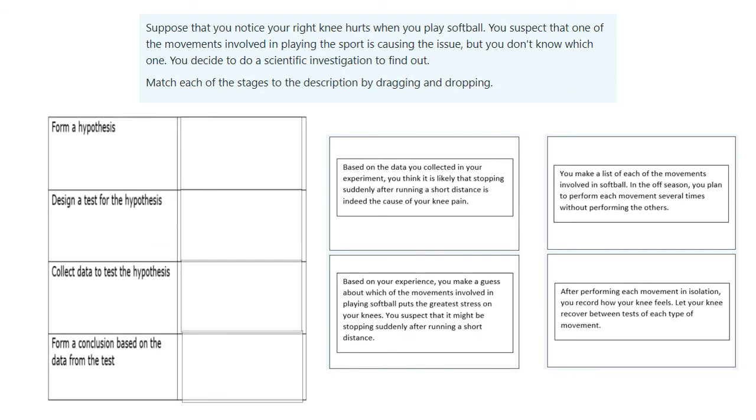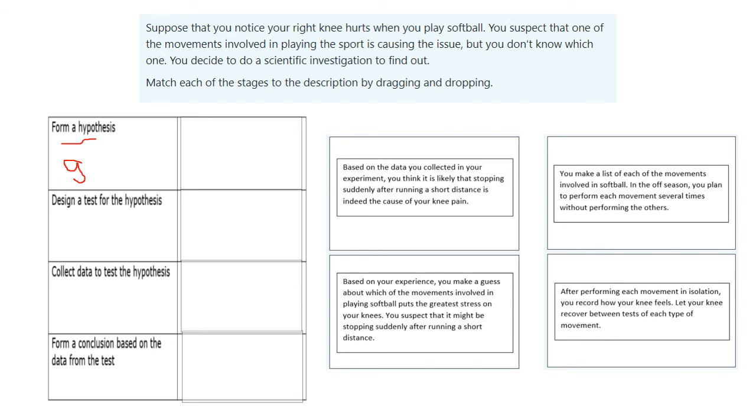And on to the final question. Suppose that you notice your right knee hurts when you play softball. You suspect that one of the movements involved in playing the sport is causing the issue, but you don't know which one. You decide to do a scientific investigation to find out. So, you make a hypothesis.